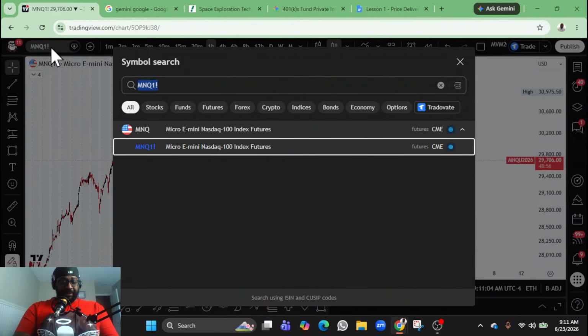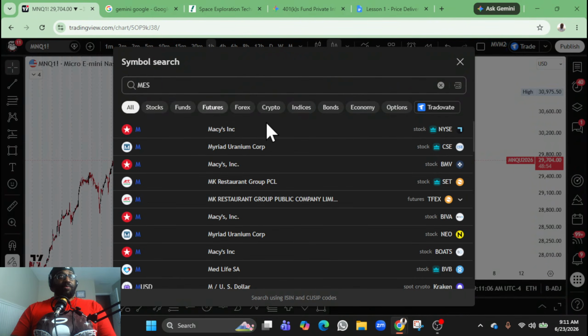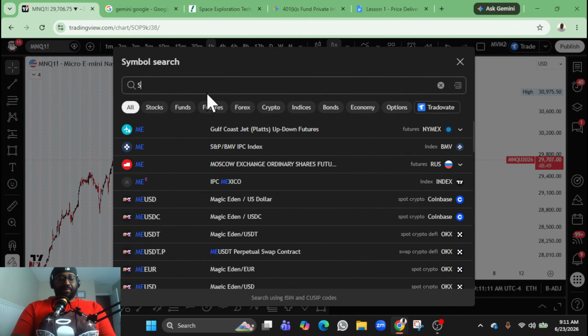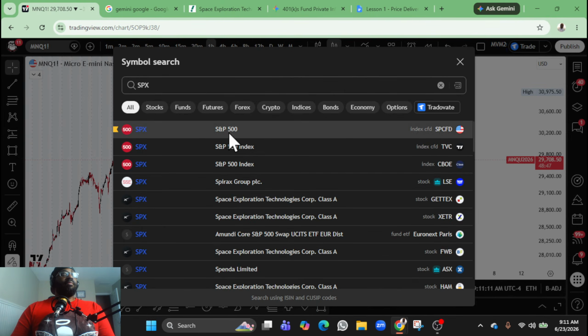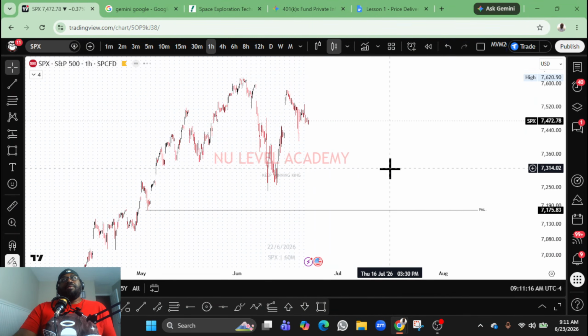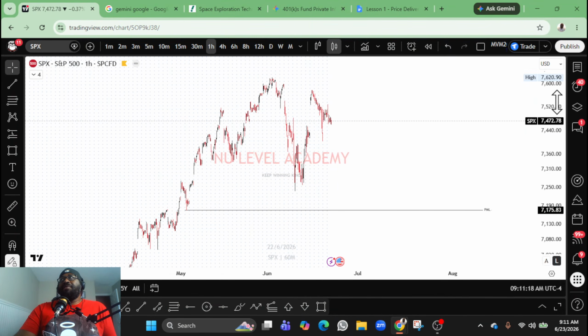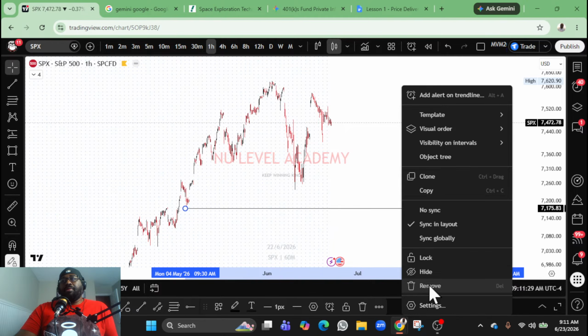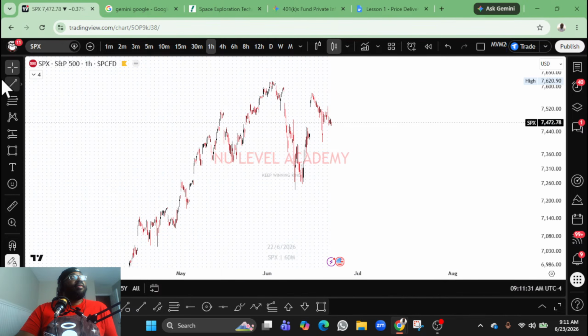We could look at ES the same exact way. Let's look at SPX, right? Looking at SPX and how that is overall. Here we'll remove this, and let's just see where we could go.